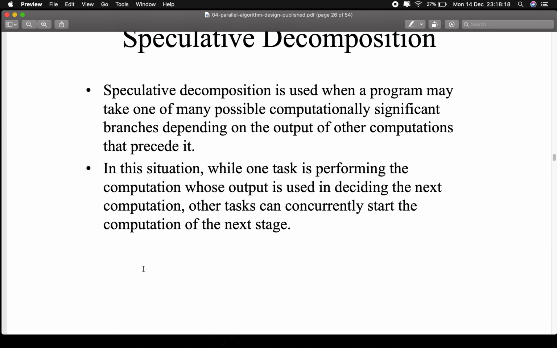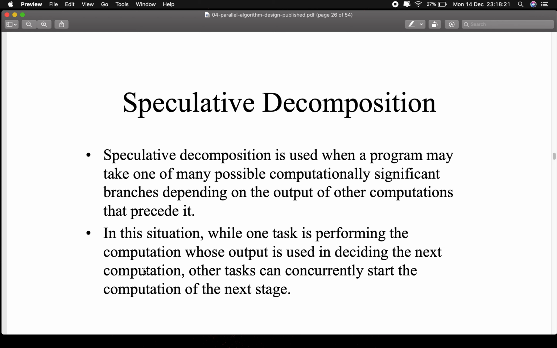And lastly, speculative decomposition. It is used when a program may take one of many possible computations, which basically depends on the output of another computation. For example, in a scenario where one task is performing a computation whose output is used in deciding the next computation, other tasks can concurrently start the computations of the next stage.